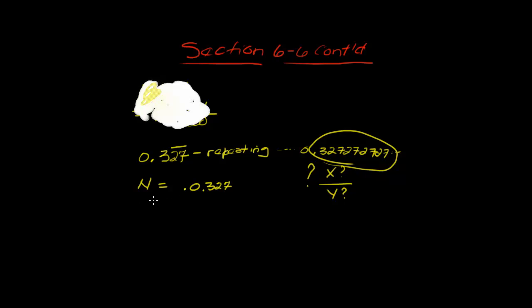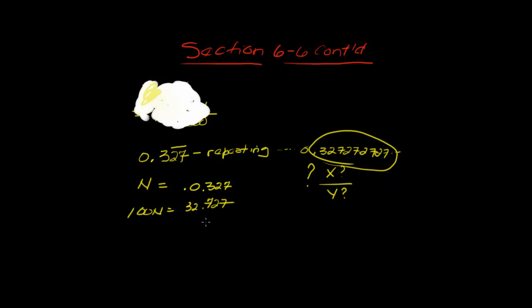Now, 100n is the number of decimals that repeats. So 100n is equal to 327 times 100, or 32.727. Correct?